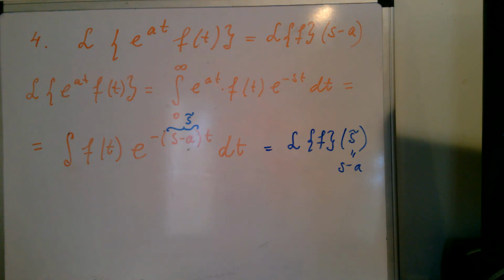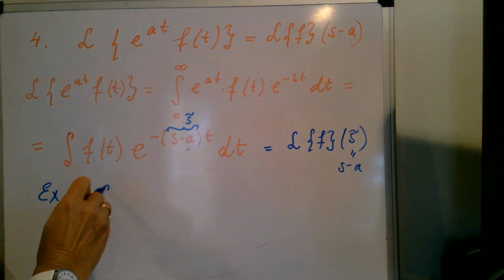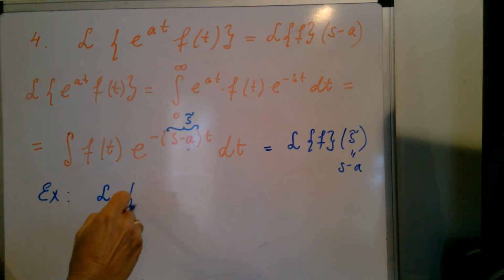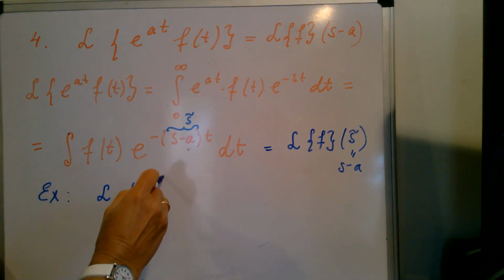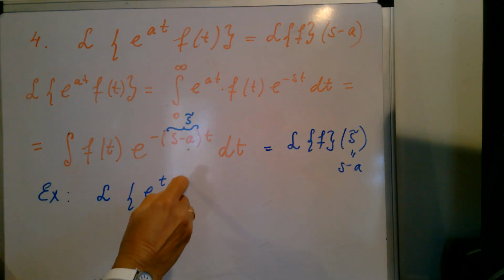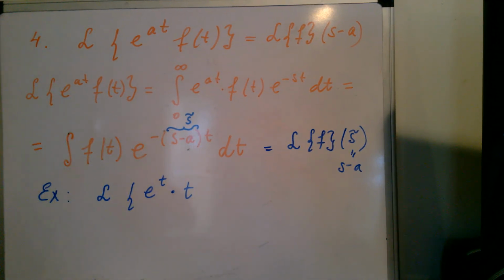I want to consider an example of how it helps. I think I'm going to consider the Laplace transform of e to the power of t multiplied by t. How about this?